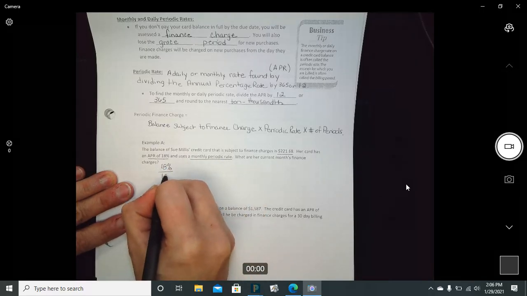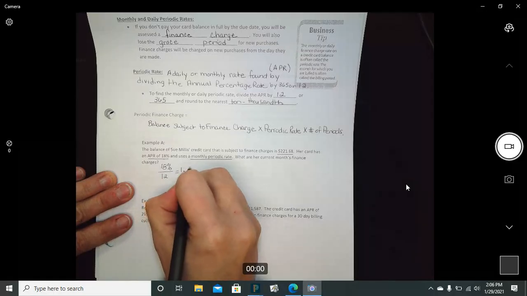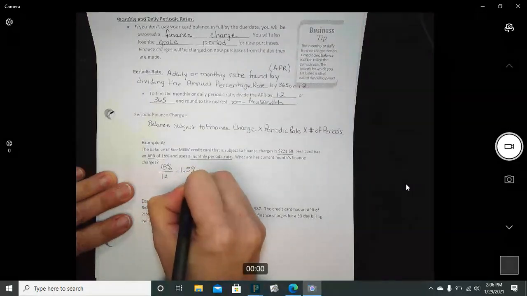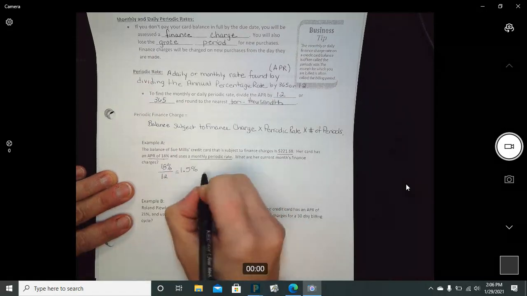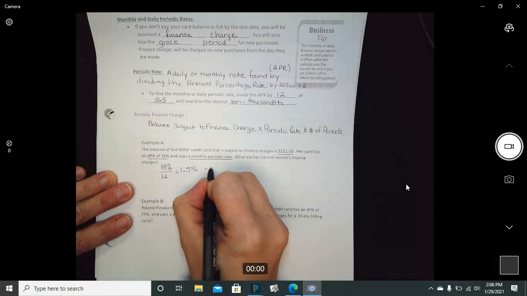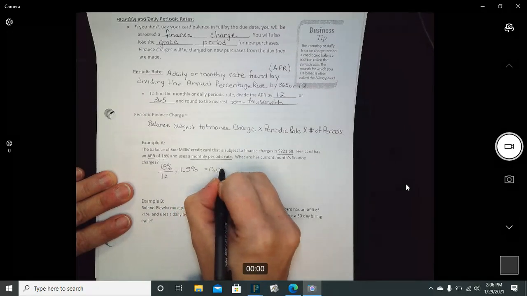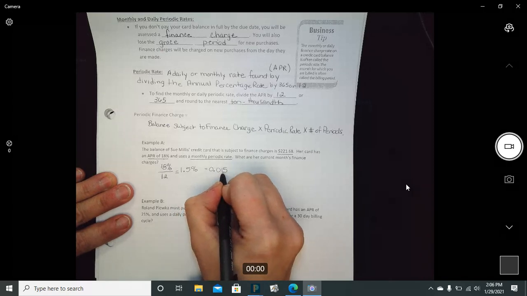So we're going to have to divide that by 12. Dividing it, I get 1.5%. Or I can move the decimal over 2 places, so I would have 0.015. Notice if I go over 2 places, that's 1.5. That would give us our percentage.